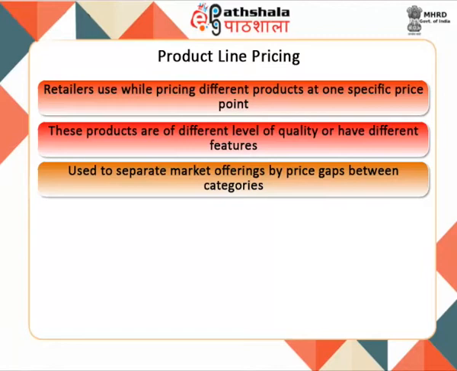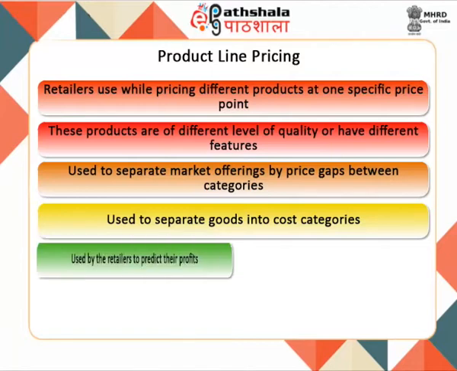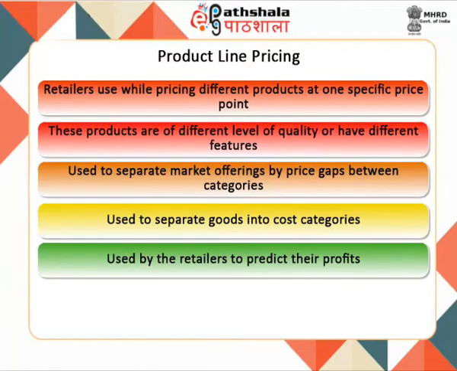The price gaps are used to alert interested buyers to real or perceived differences in the quality of offerings. Retailers use this approach to separate goods into cost categories as well, so that customers can see the distinctions in the levels of quality of merchandise. This strategy is also often used by retailers to predict their profits and market based on the choice of products by the consumers.